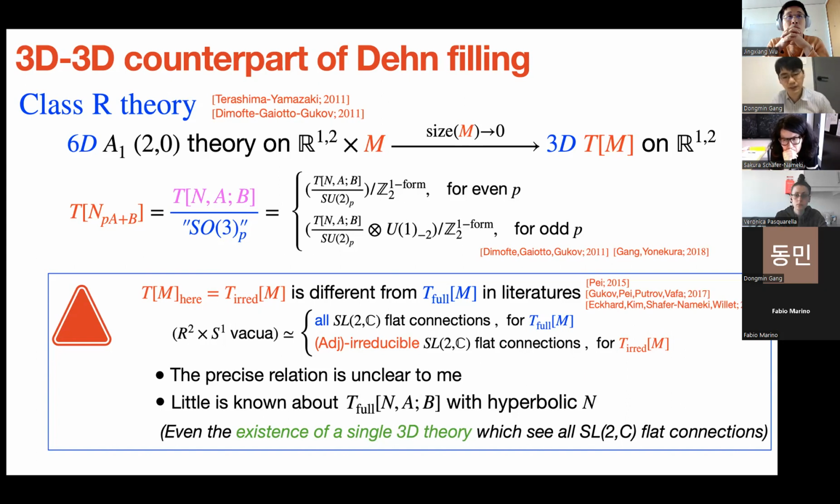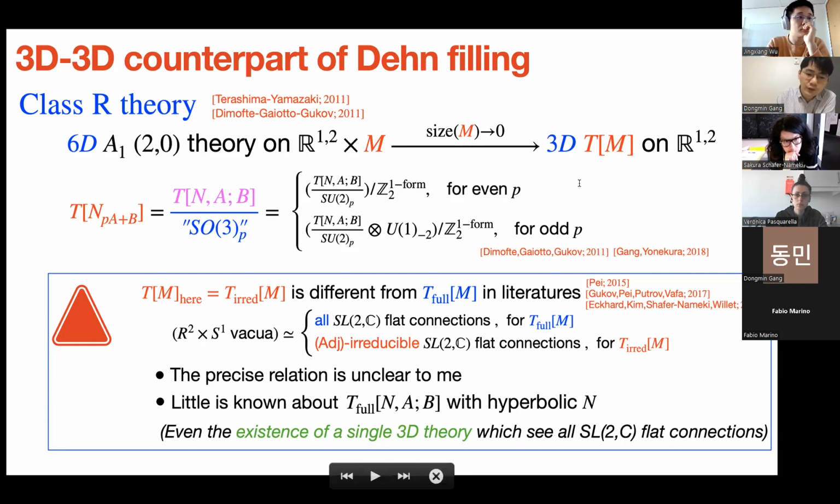We try to give some physical interpretation of this T irreducible theory in my paper with Kazuya, but it's very tricky. Frankly speaking, I still don't fully understand.